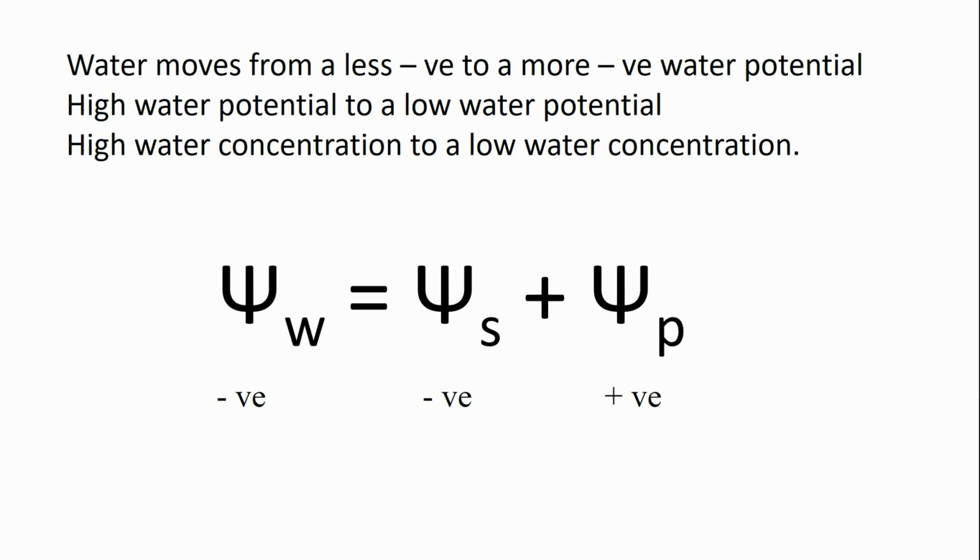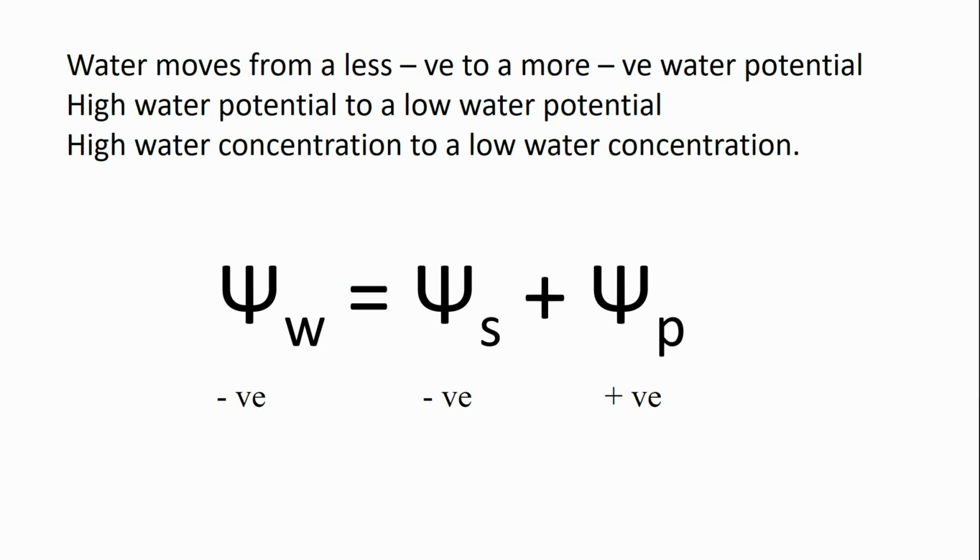Water moves from a less negative to a more negative water potential, from a high water potential to a low water potential, from a high water concentration to a low water concentration. And you need to remember that water potential is always going to be negative unless it is osmosis, or unless it's homeostasis, where it's equilibrium.